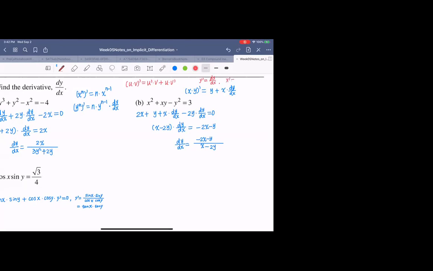The x derivative is dx over dx, which is 1, okay? So that's the reason we have to drill the chain rule, product rule, and also the quotient rule many, many times before we can master it.